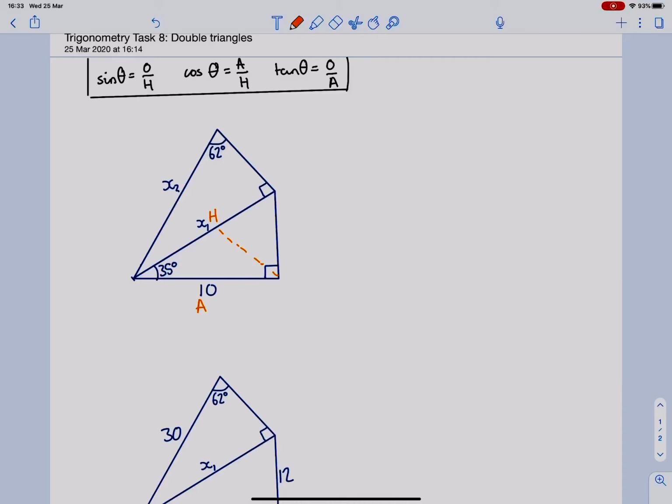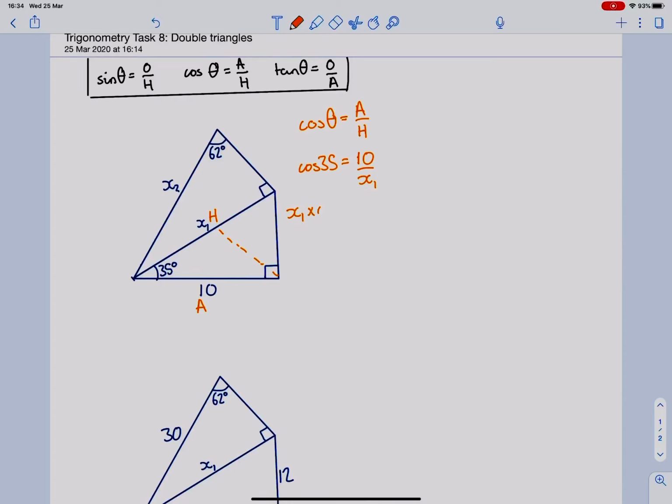We can then look at A and H. A and H is cos, so we can write down cos theta equals A over H. Theta is the angle, so cos 35 equals adjacent 10 over H, which is x1. This is the slightly harder example where you've got to times by x1 to the other side.